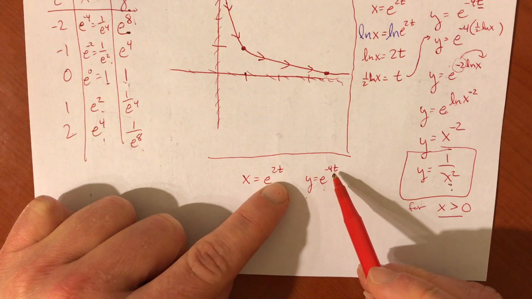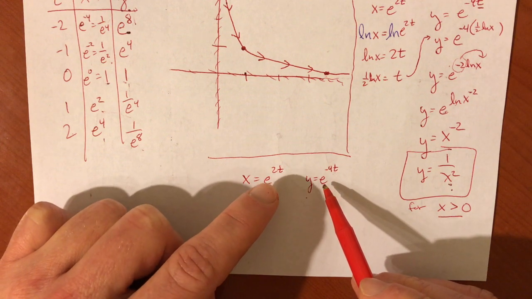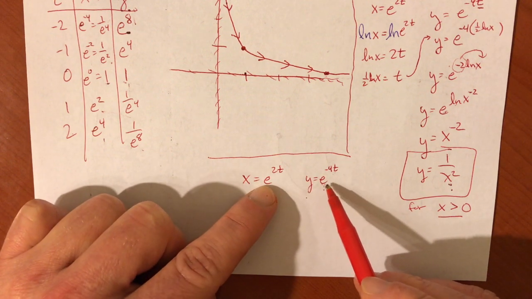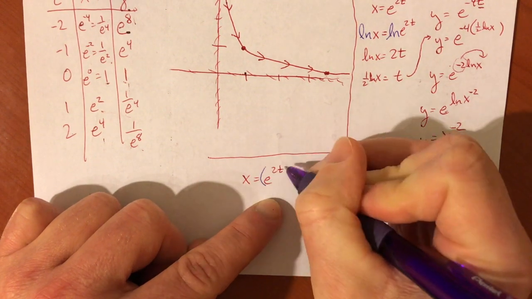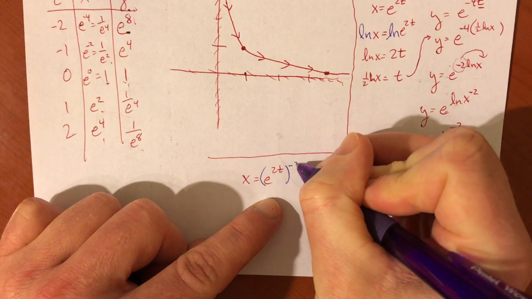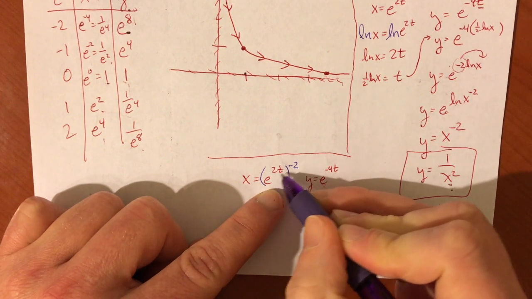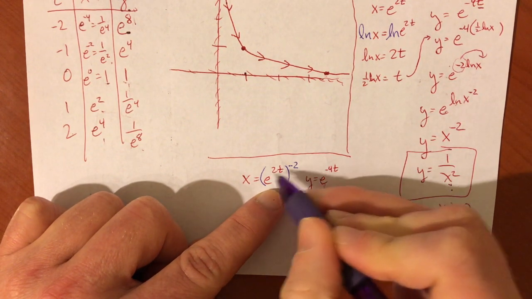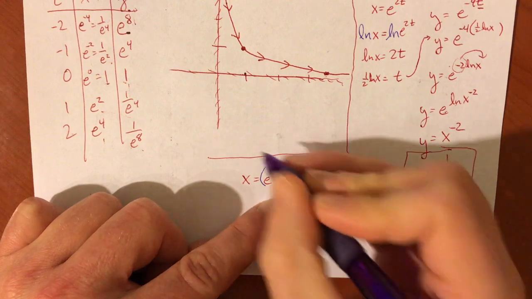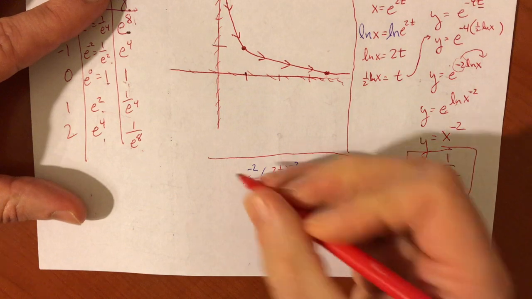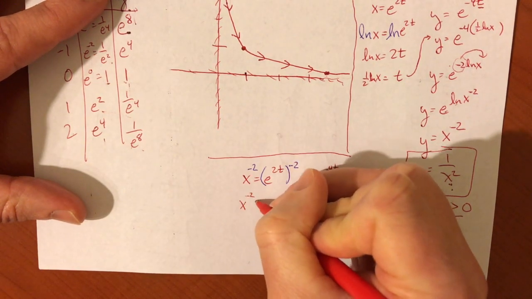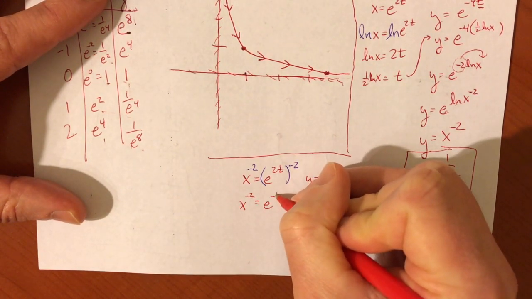So one thing you could do is say, maybe I could make these two things be the same. For example, if I were to raise this side to the negative 2, that would make negative 4t, because power to a power, you would multiply. So I'll raise this side to the negative 2, and now what I'll have is x to the negative 2 is equal to e to the negative 4t.